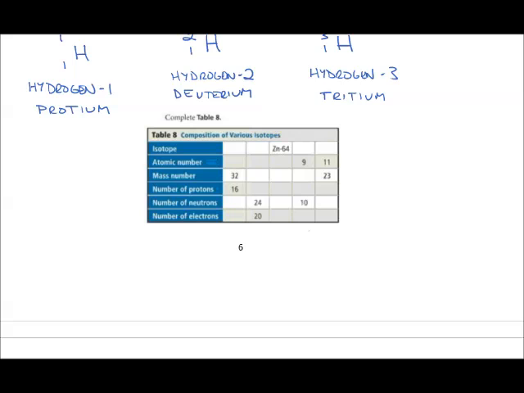So in this table, we have different isotopes that we have to figure out. In the first one, there's 16 protons, and the mass number is 32. So we subtract to get the number of neutrons. The number of electrons always equals the number of protons, and the atomic number always equals the number of protons.